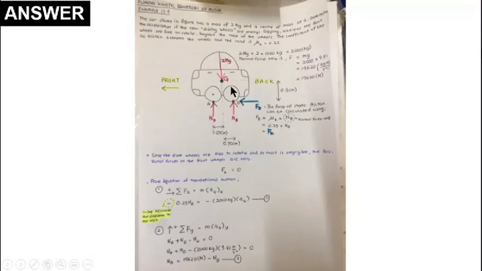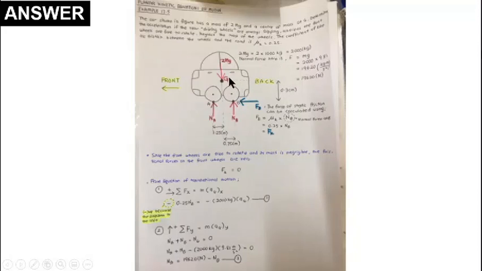I'm sorry because I drew this figure not proportional to the values. Actually A to G is 1.25, B to G is 0.75, and this is the back and this is the back wheel.